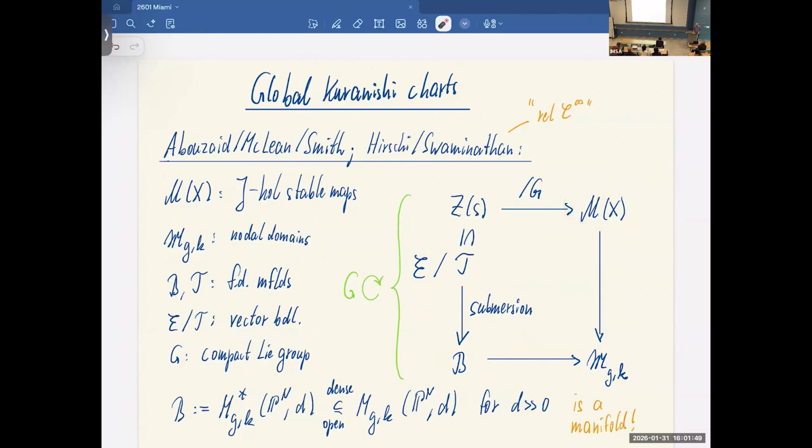So the cool idea of Abouzaid, McLean and Smith is to kill all the automorphisms of your domains, which cause all the trouble, by just taking some very high degree embedding of your curves together with marked points and so on, transversally to hypersurfaces into P^n, a very big P^n, okay?